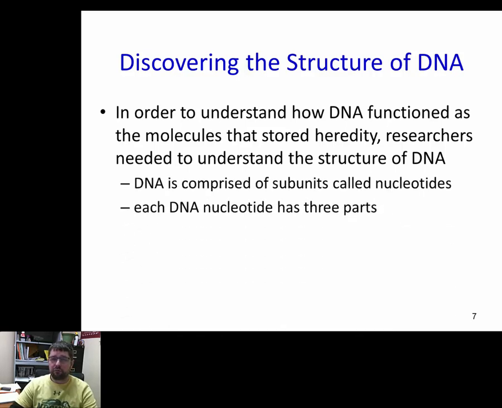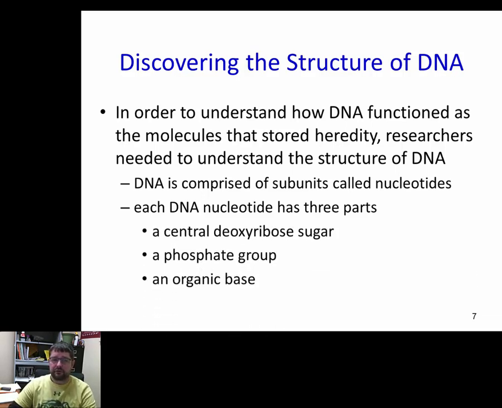We knew, even prior to the Hershey-Chase work, that DNA was comprised of nucleotides, and that nucleotides have three main parts: a sugar, a deoxyribose sugar if we're talking about DNA, a ribose sugar if we're talking about RNA, a phosphate group, and then some organic base, one of the four that we know.